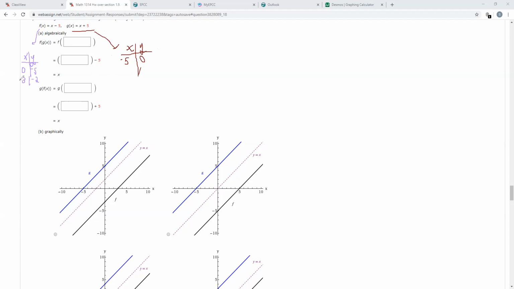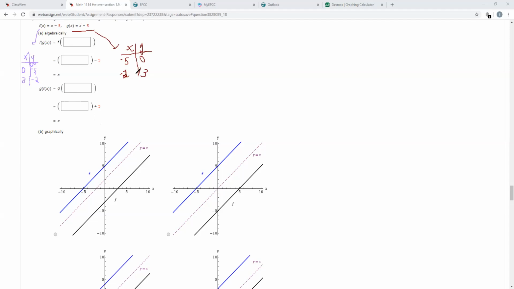Now since 3, -2 is on this graph, if we invert it and put -2, then we should get 3 right here. Well, if you put -2 up in here to function g, -2 plus 5 is 3. So yeah, it's looking good. We could check a whole bunch of more points, but we're going to check it anyway right here for any x value. Okay, so knowing these two, f has to have these 2 points on it.